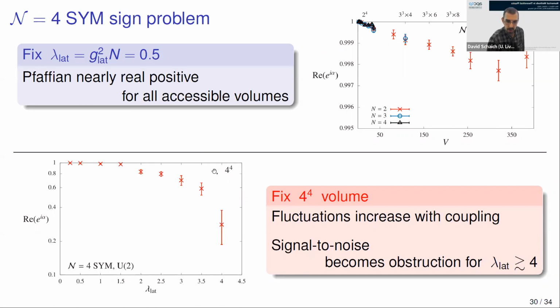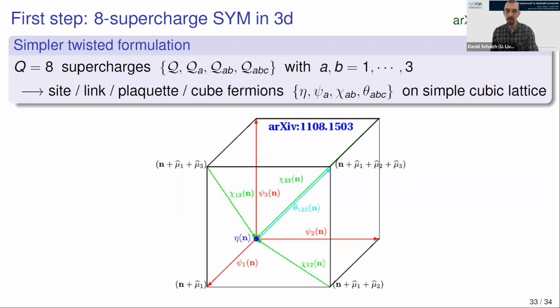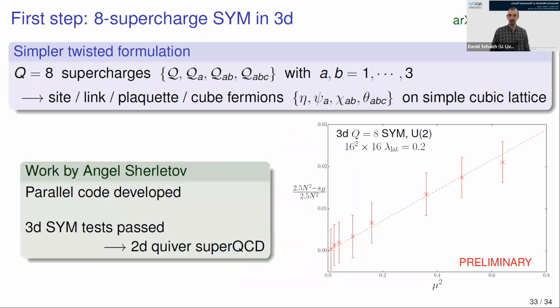What we do see, however, is a big effect on the sign problem setting in as the 't Hooft coupling increases, and there's work ongoing to try to improve that, as well as to try to formulate supersymmetric QCD using the same twisted formulation that guarantees the recovery of the continuum limit with much less fine tuning. This is what Angel Sherlatov is focusing on for his PhD project.